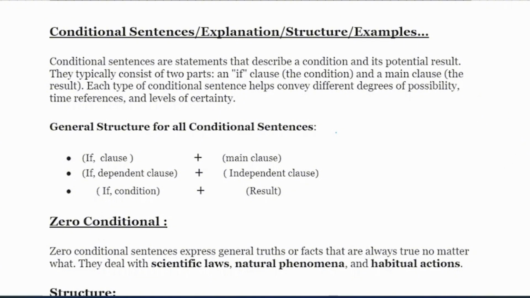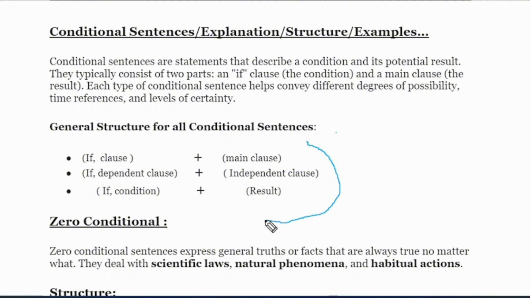First of all, we will see the general structure of conditional sentences. This structure will come in all of these conditional sentences.